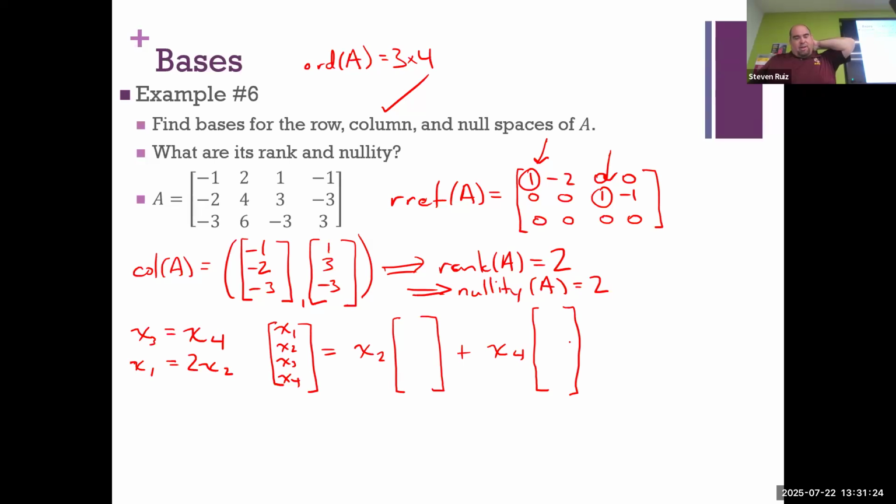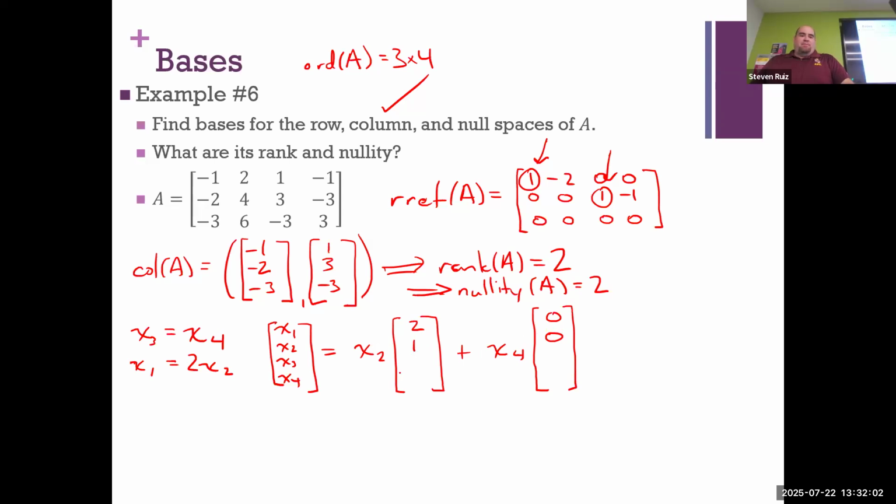So if x1 equals 2x2, what should the top row of both these vectors look like? Two here, 0 here. What about the next row down? Why is it 1, 0? Basically, x2 equals 1 x2 plus no x4s.